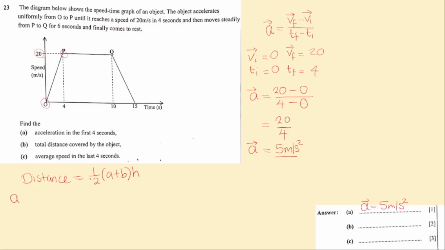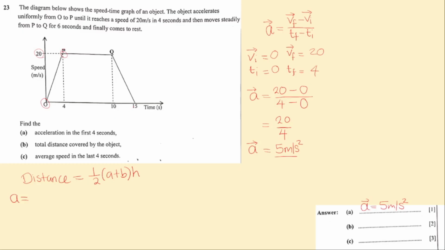Now this is the area of the trapezium. Now A is PQ, this distance PQ, and B is the other parallel side of the trapezium, which is from O to 15.